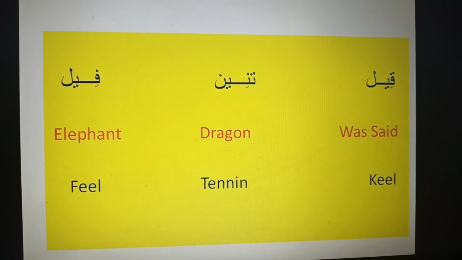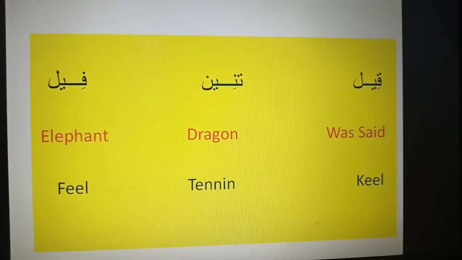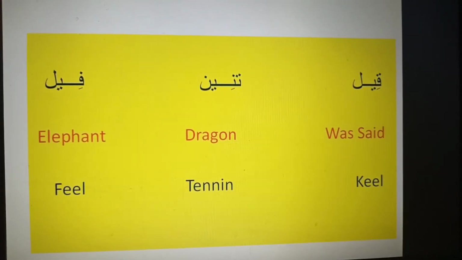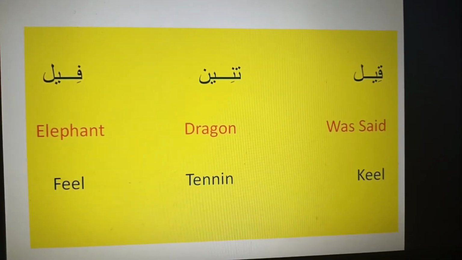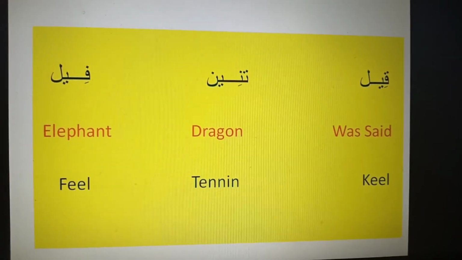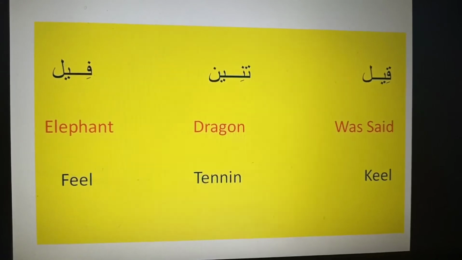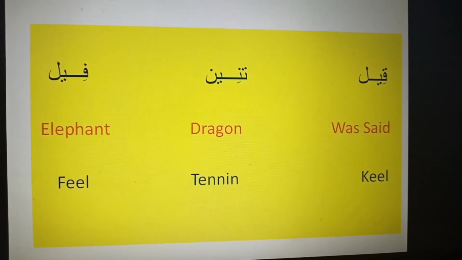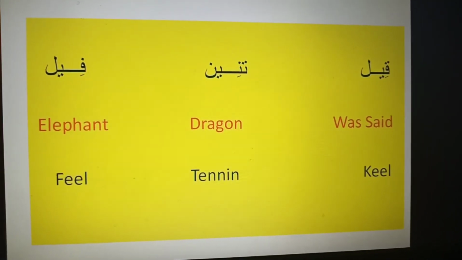The first one is qaf, which stands for K, and it has a kasra below it, so we added E. And then we have the letter Y, so we added another E, qil, and the last letter is lam, which stands for L. So qil, we have the first kasra, so we added the first E, and the long vowel Y, so we added the second E, qil.